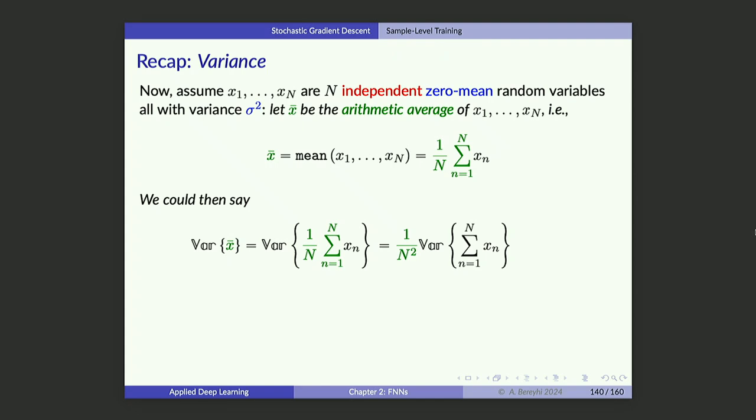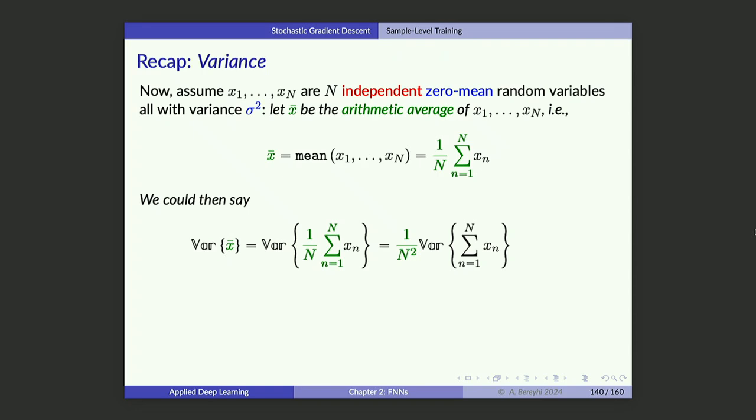The variance of this, I can simply use the properties we had in the previous slide. First of all, I can write it in this form: 1 over n, this constant, times this summation. I keep the summation inside the variance and bring this constant out, which gets squared. So it's 1 over n squared times the variance of the summation. And what is the variance of the summation of independent random variables?